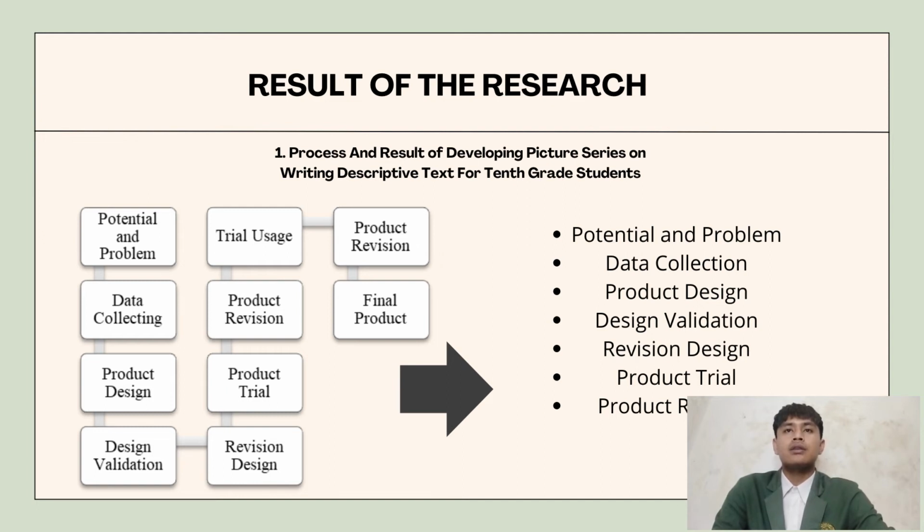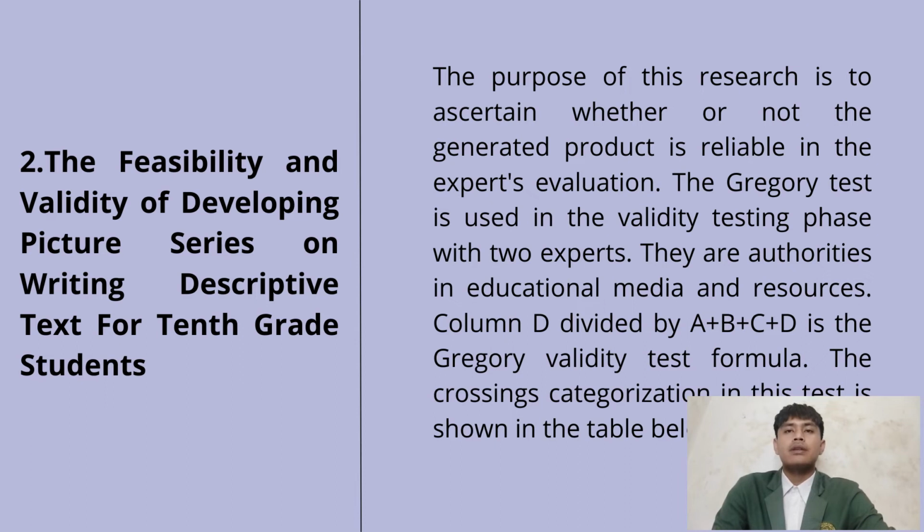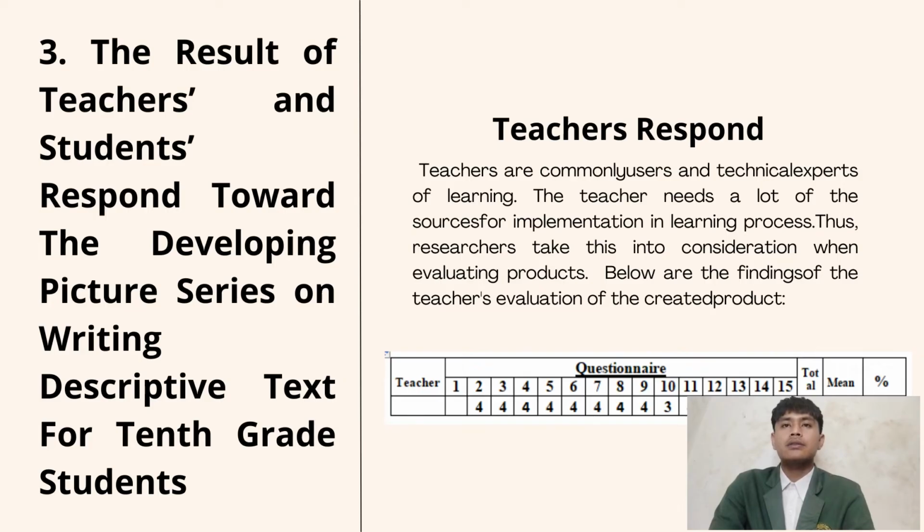Next slide. The feasibility and validity of developing picture series on writing descriptive text using Canva for 10th grade students. Next slide. The result of teacher and student response toward developing picture series on writing descriptive text using Canva for 10th grade students.